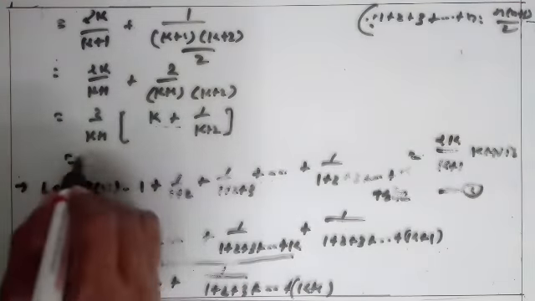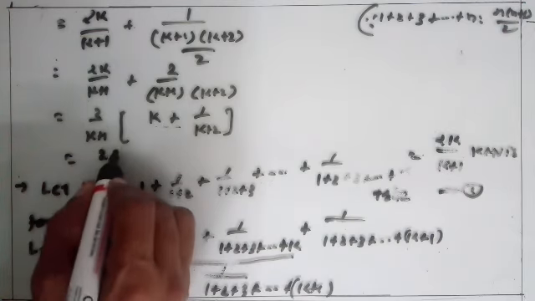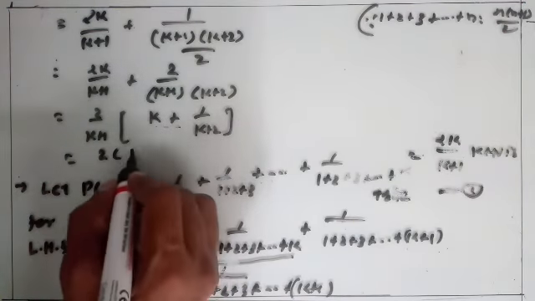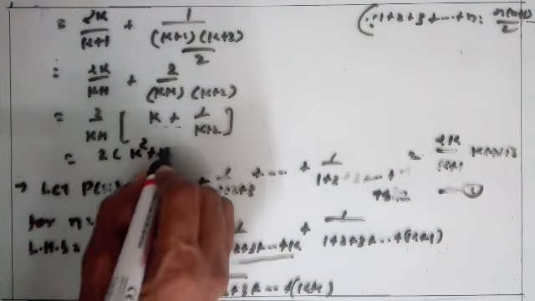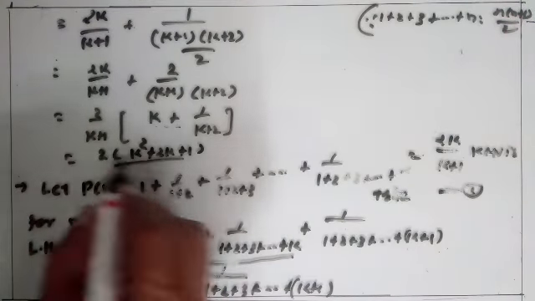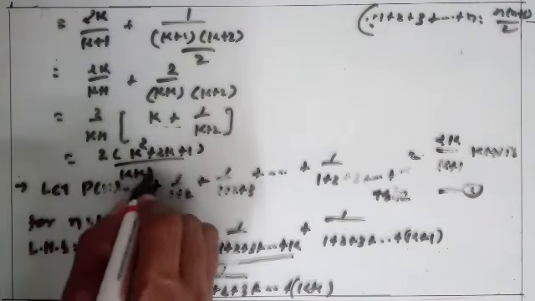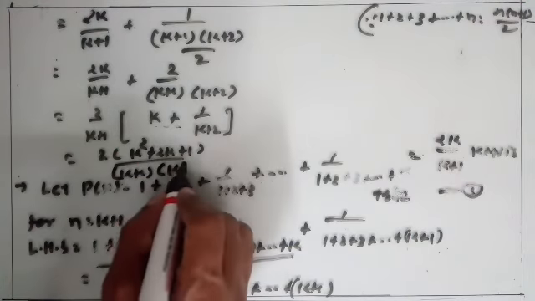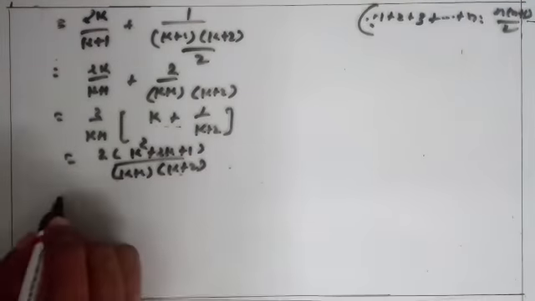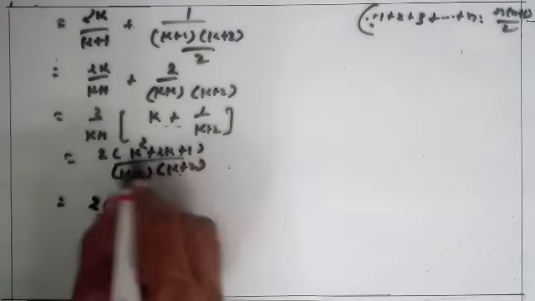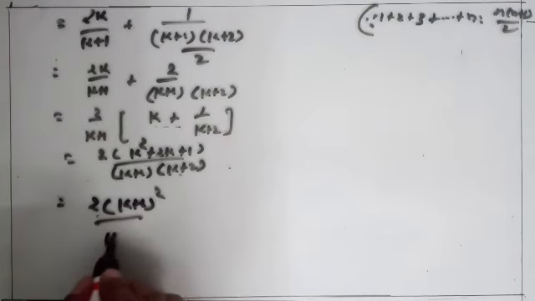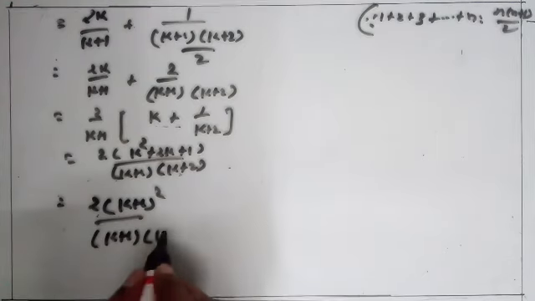Clear? So is equal to, now simplify this, 2 into, here k into k plus 2 plus 1 becomes k square plus 2k plus 1. Clear? Upon k plus 1 into k plus 2. Clear this? Now simplify this. So 2 into this becomes a perfect square, so k plus 1 square upon k plus 1 into k plus 2.